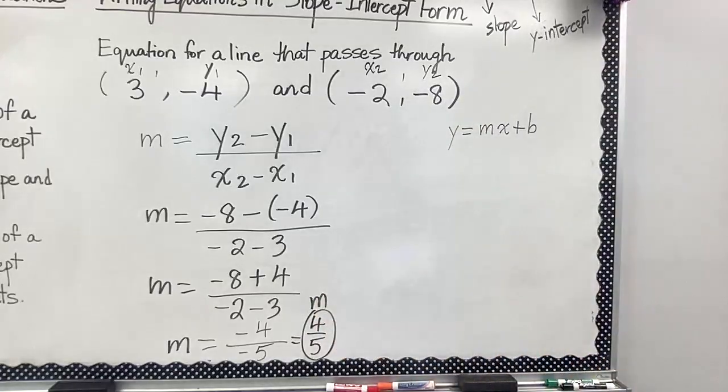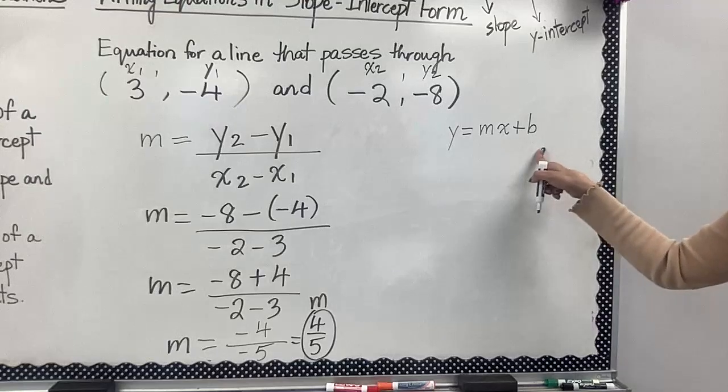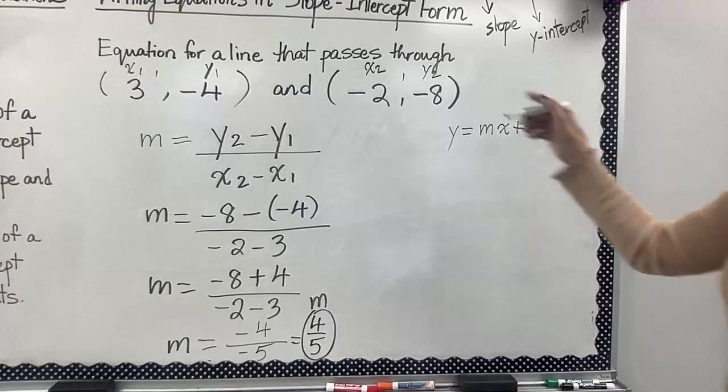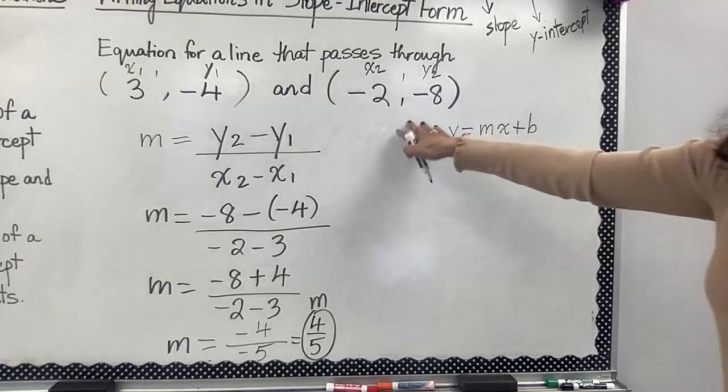All right. Now, next thing we are going to do is put it into this format. And I am going to use one of these. Okay. So I'm going to go ahead and choose to use this.